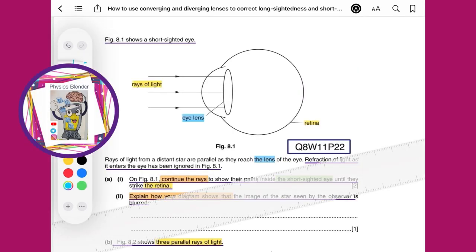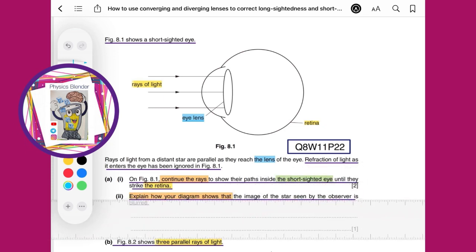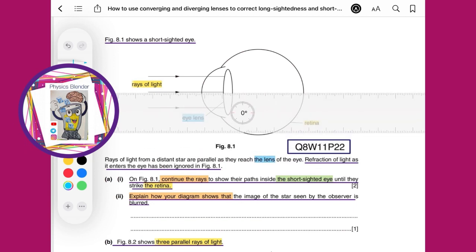The next question, we are discussing the short-sighted eye, which is called myopia. And we have here rays of light from a distant star, so they are parallel. Refraction of light as they enter the eye will be ignored. You have to continue the light rays until they strike the retina. We will draw the one here at the center; it continues undeviated.